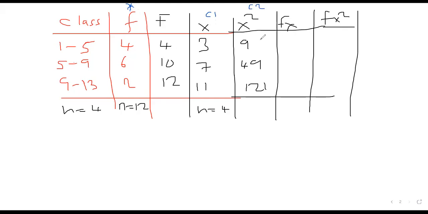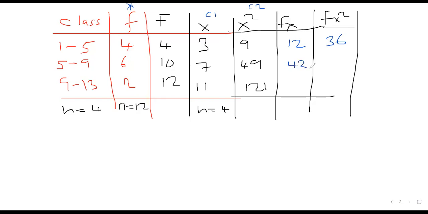So to find the f of x, 4 times 3 is 12. Find the f of x squared, you start from the multiplier. 4 times 9, what we get? 36. F of x, 6 times 7, we get 42.